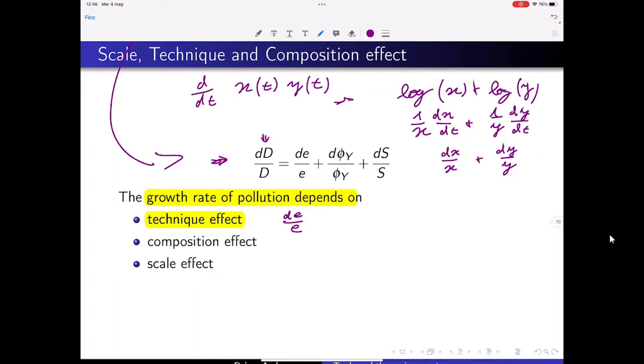Or you could have a change in the composition of the economy. This would be my d phi over phi. What could be the driver here? An emission tax at home can move production of highly polluting products abroad.